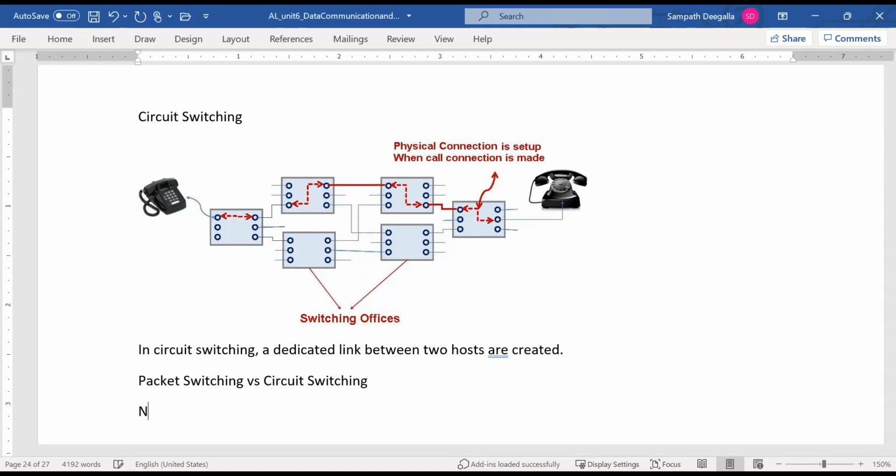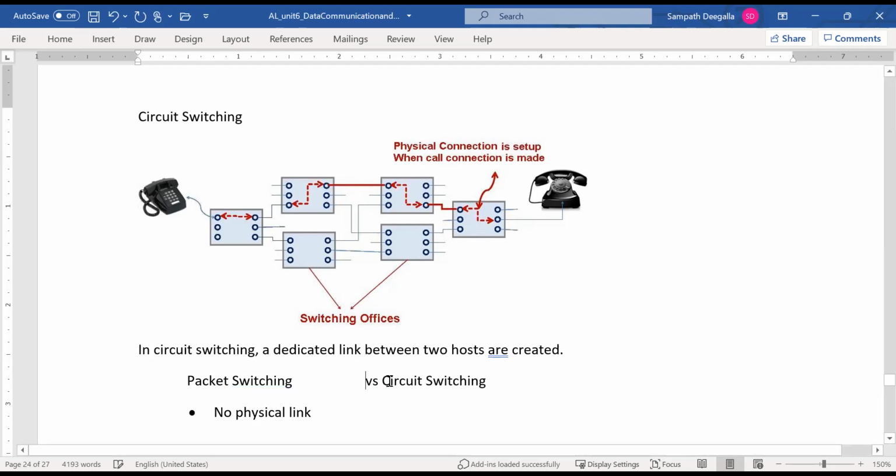For packet switching, no physical link. In circuit switching, I told you already, a physical link. No physical link means no dedicated path.